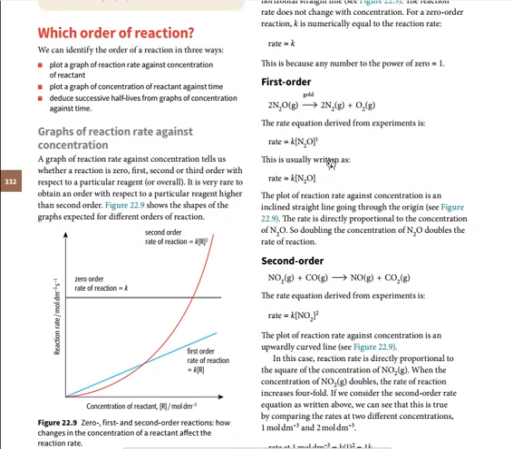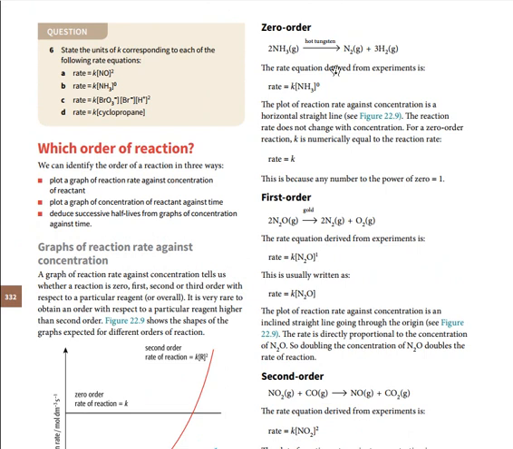So for example, you have the first order reaction here, where you have dinitrogen oxide producing nitrogen and oxygen. So this is a first order reaction. For a zeroth order, you have ammonia producing nitrogen and hydrogen. So this one is going to be zeroth order.